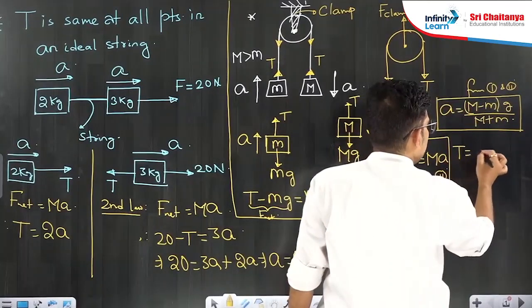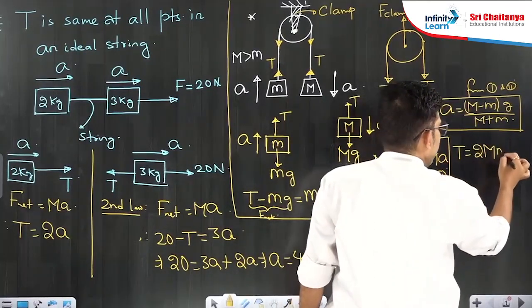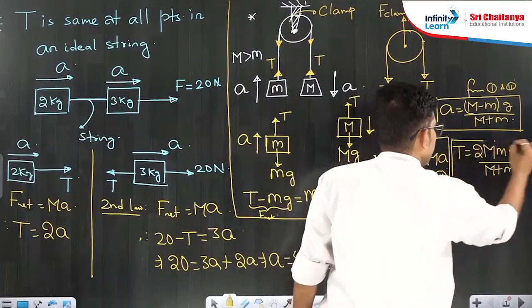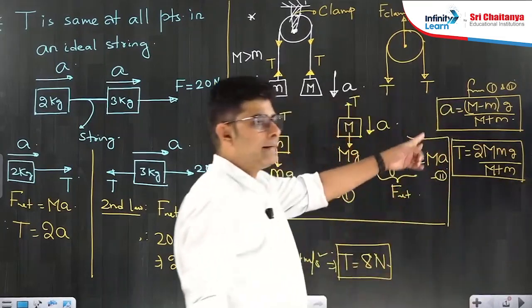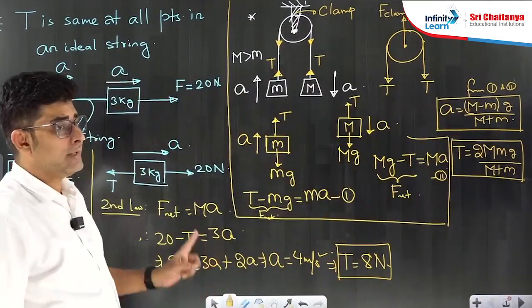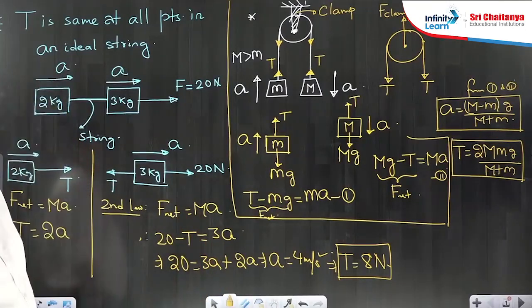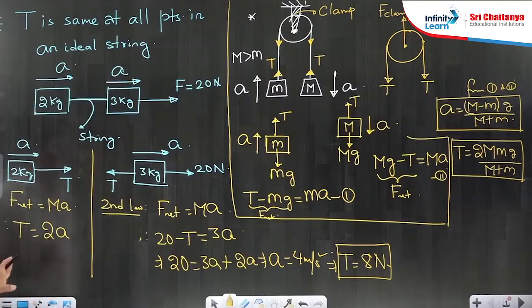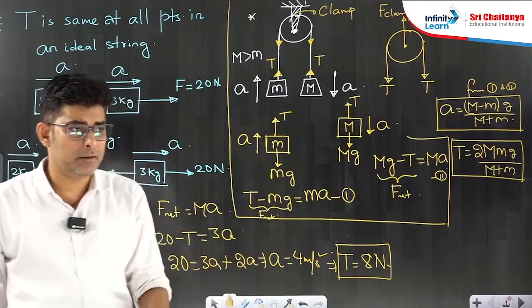And T you will get as 2Mmg by (M plus m). So you get the tension and the acceleration by solving these two equations. Both equations are second law equations. Clear?